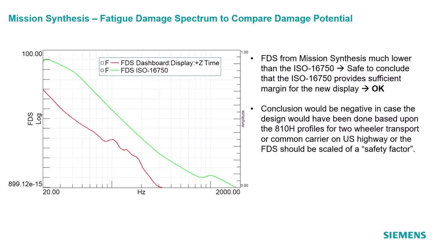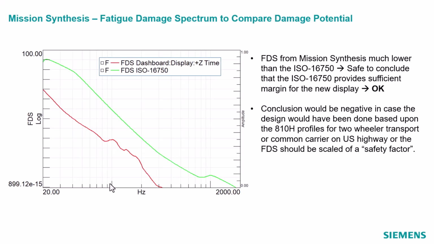So the general idea being here, we can compare these two fatigue damage spectra, and I can see that the FDS of my measured field data is much lower than the FDS for this ISO vibration test, and that is true for all frequency lines.